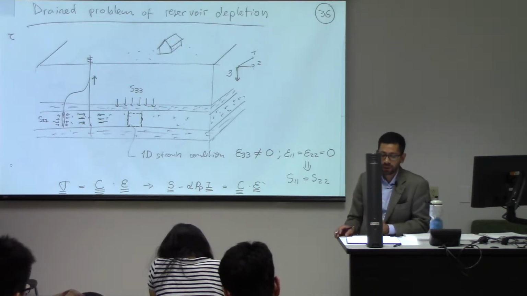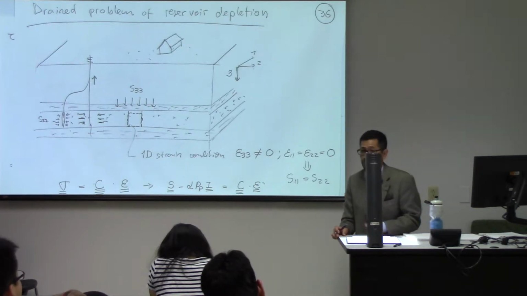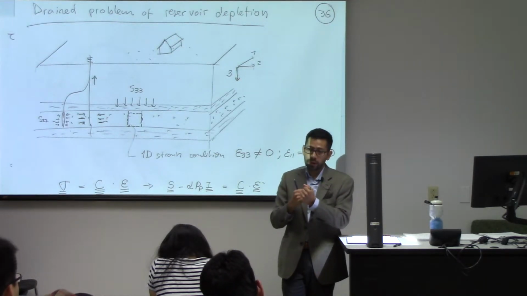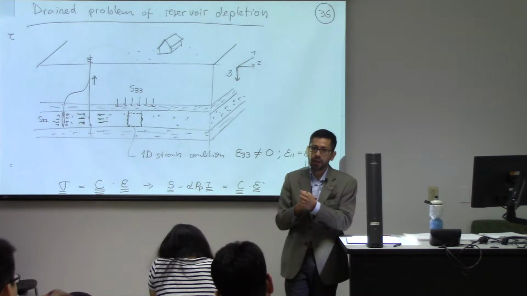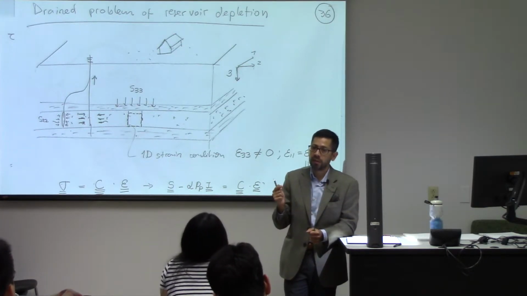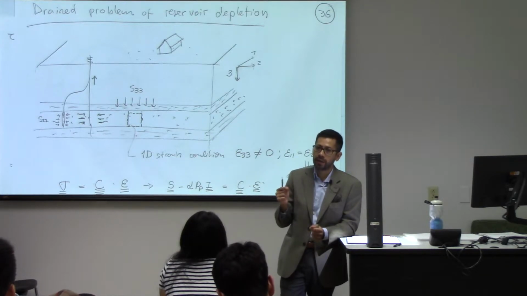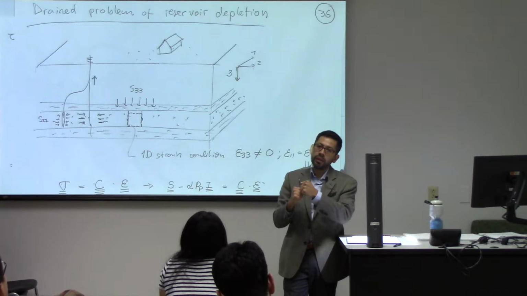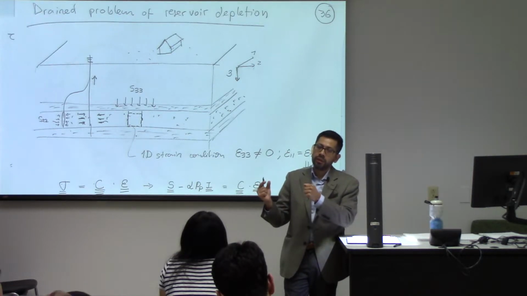For example, if you had a reservoir made out of sand, and if you had lots of shear failure, especially at a very high confined stress, that will create what are called shear bands, in which the shear bands have a lower permeability than the sand itself.